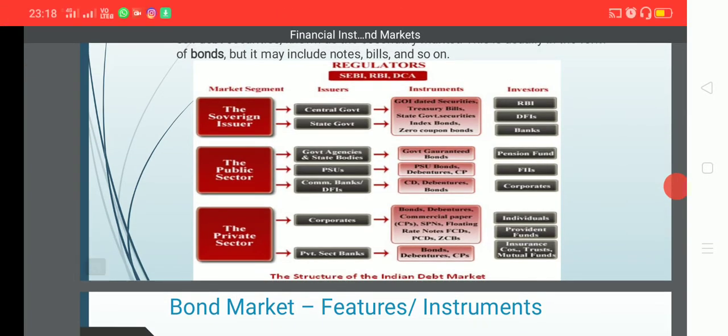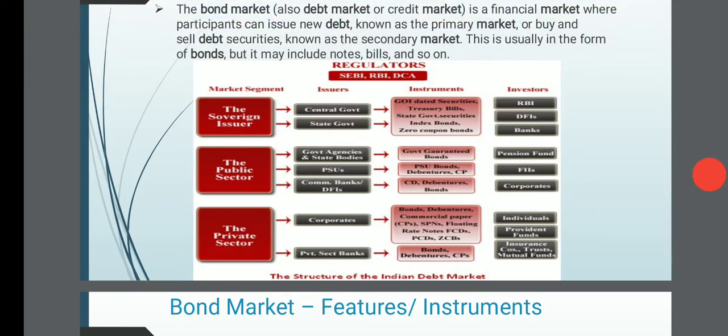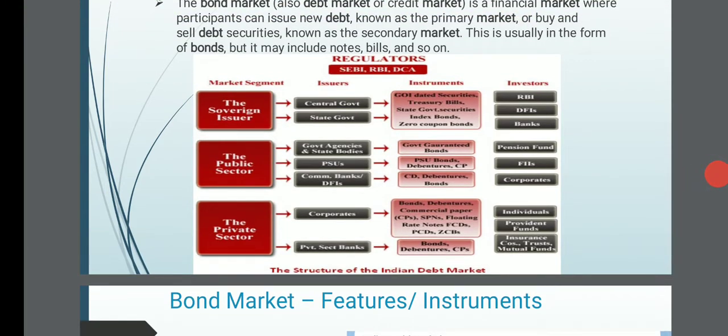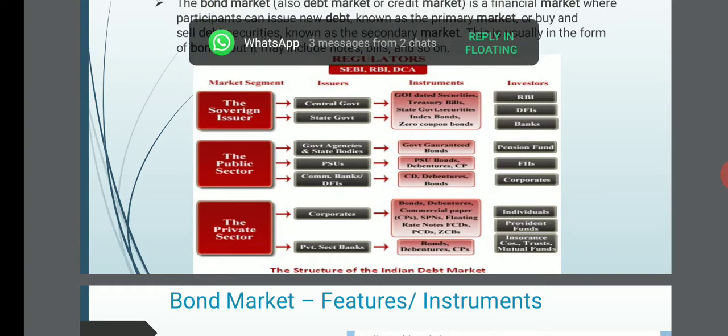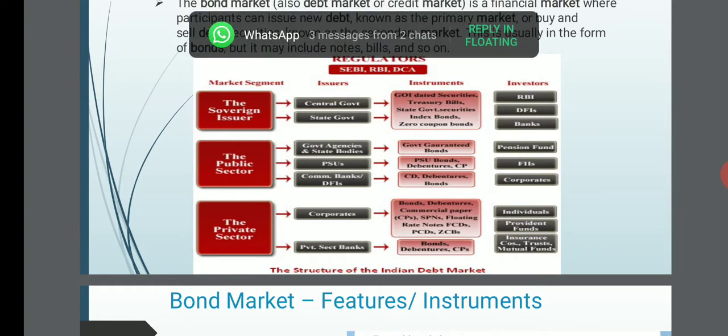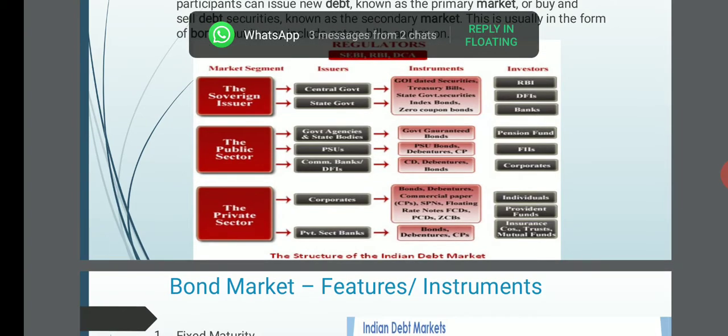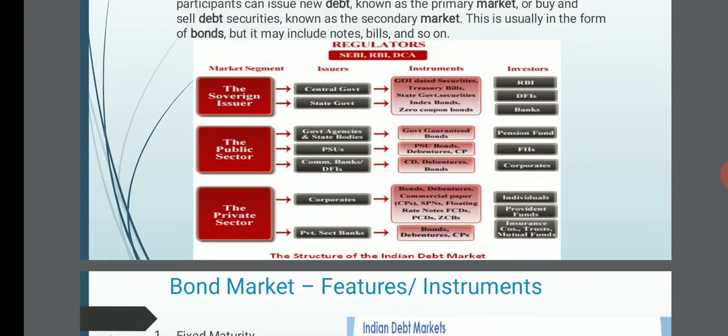In the private sector, we have corporates and private sector banks. Corporates issue bonds, debentures, commercial papers, SPNs, that is special promissory notes, floating rate notes, FCDs, PCDs, and ZCBs, that is zero coupon bonds, flexible certificate of deposits.